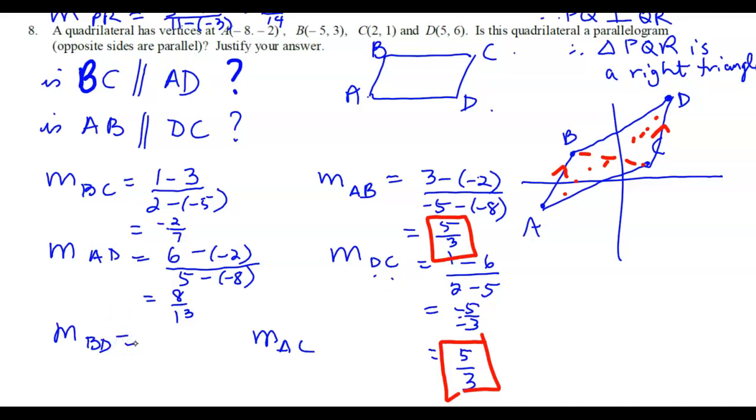So now BD, so that's going to be 6 minus 3 all over 5 minus -5. Reduce that, and AC will be 1 minus -2 over 2 minus -8.